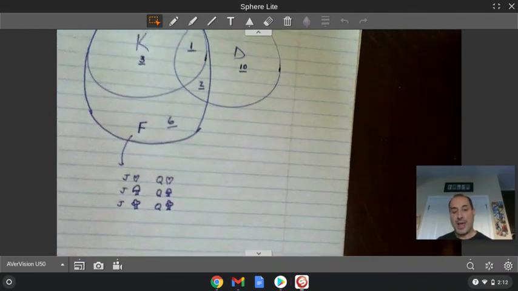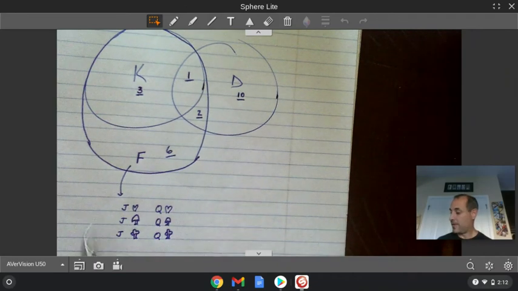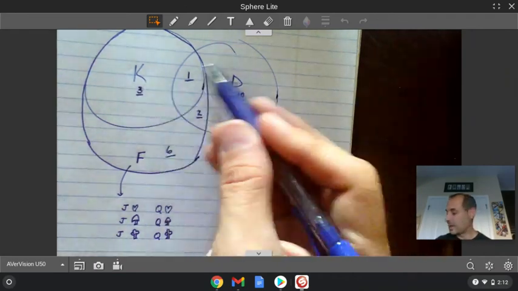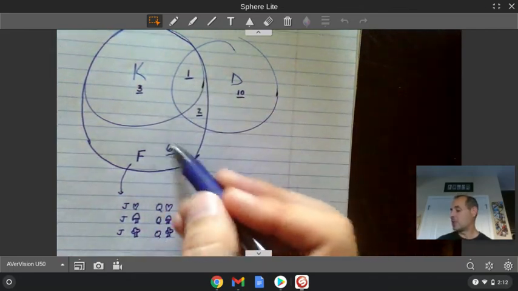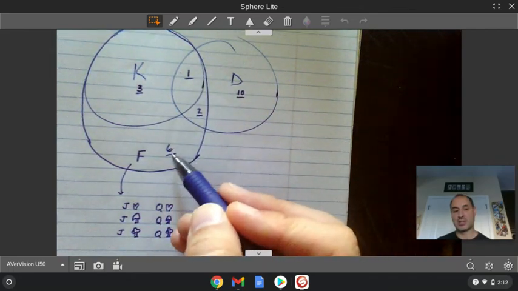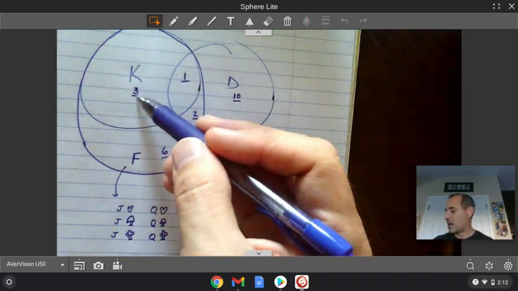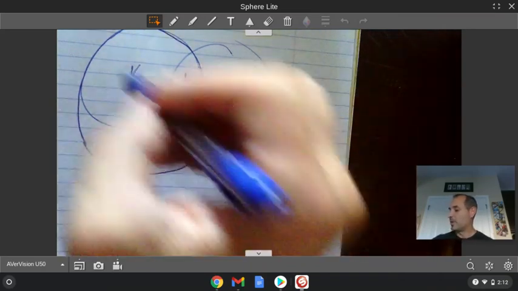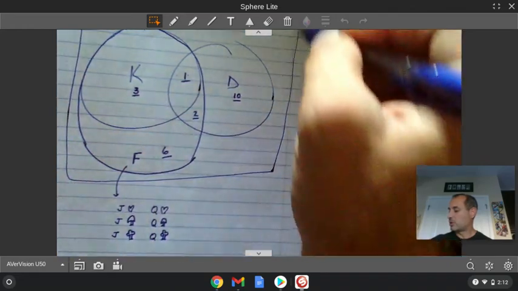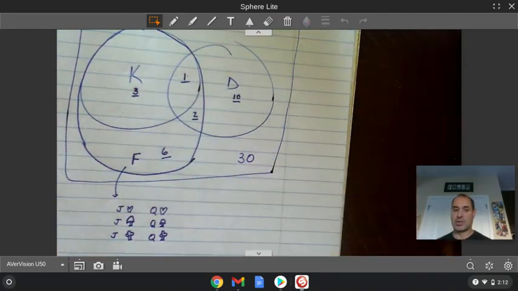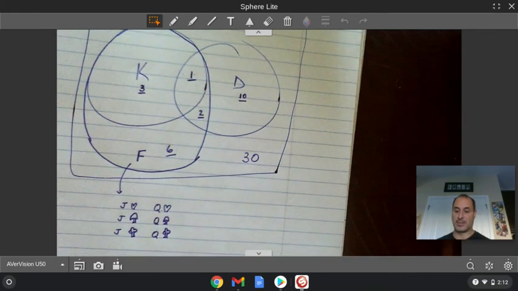So every other face card is either a diamond or a king. So 6 face cards that are not counted inside there. Now currently I have 6, 9, 10, 12, 22 cards. There are really 52 in a deck, so there are 30 cards outside of my Venn diagram.